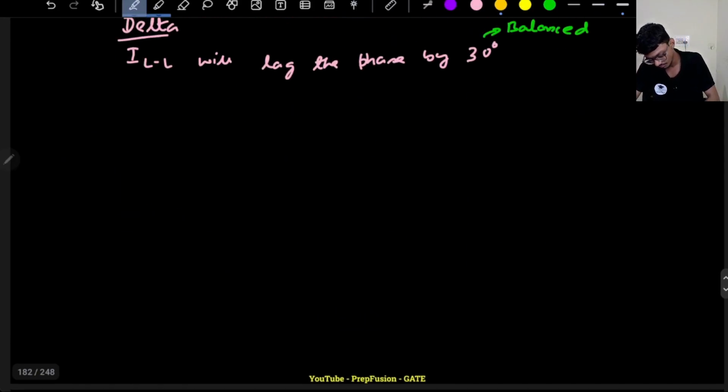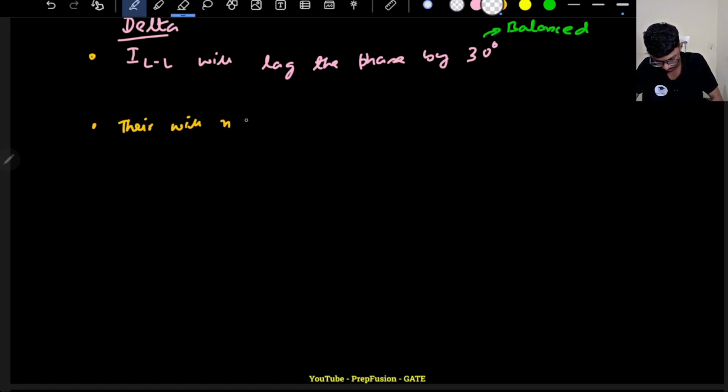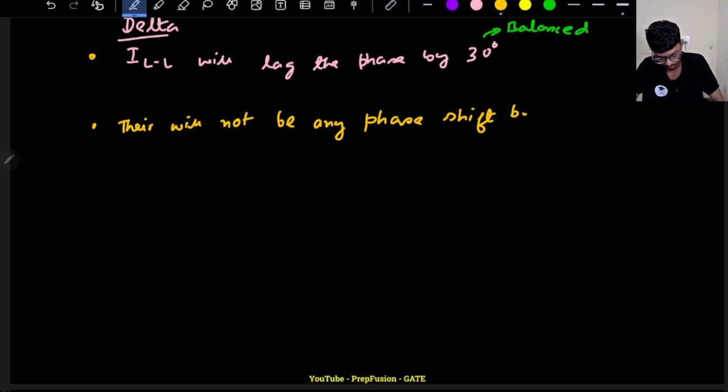So this is point 1. Point 2 is there will not be any phase shift between the coil currents.